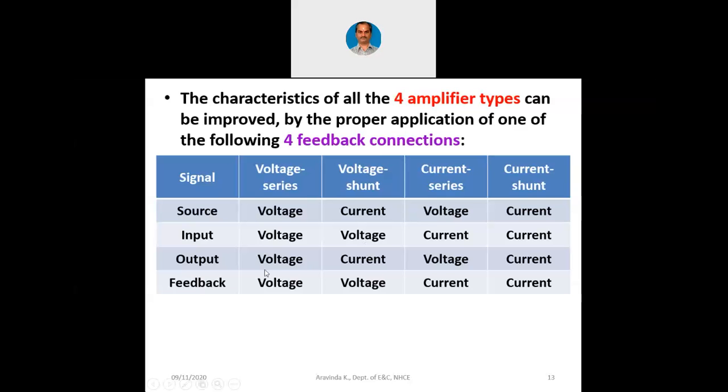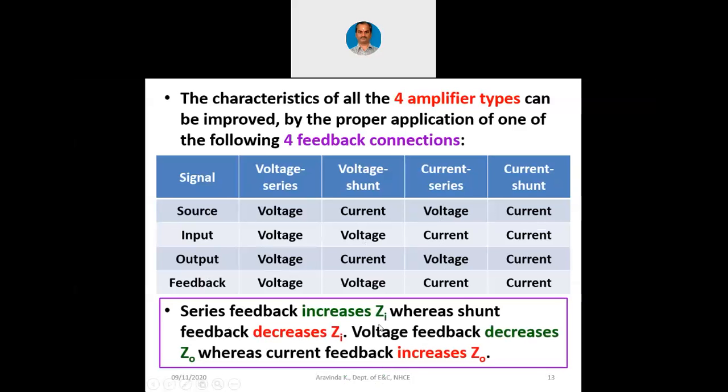And input is voltage, output is current, feedback is voltage. In the case of current series, source is voltage, input is current, output is voltage, and feedback is current. In the case of current shunt, source is current, input is current, output is current, feedback is also current. That way, these are the four types of feedback connections apart from the earlier four types of amplifiers.